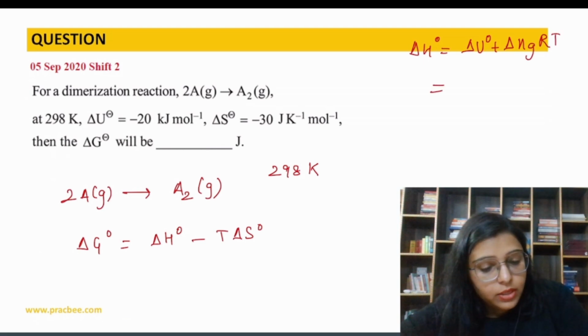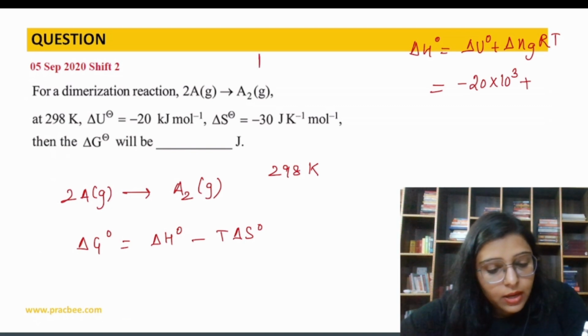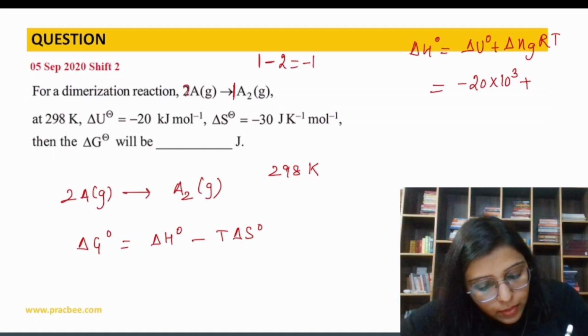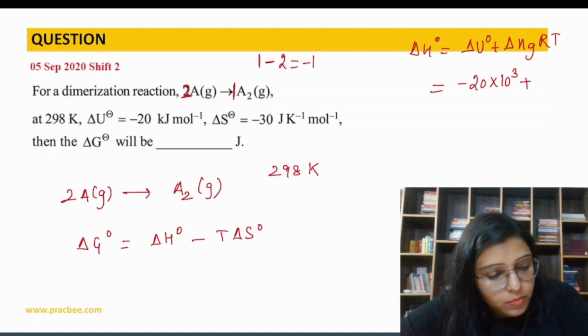So delta U naught is minus 20 kilojoule, into 10 to the power 3. Delta Ng is 1 minus 2, which is equal to minus 1.